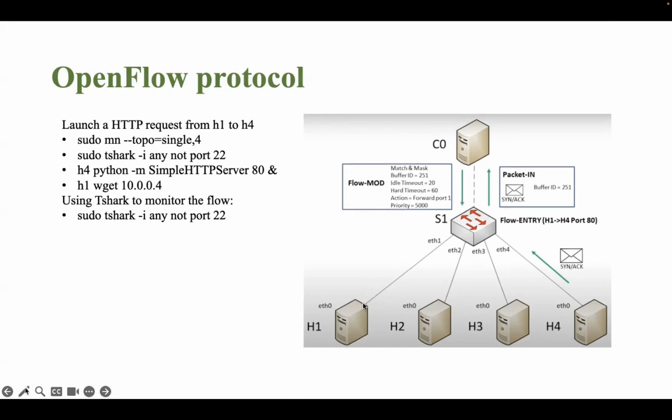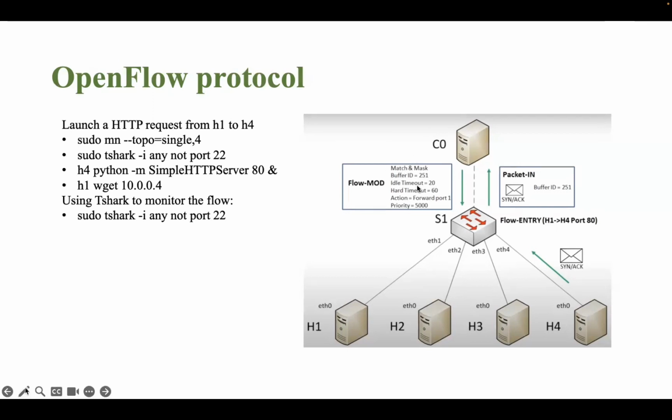And also the controller may send a flow modification message, which is similar to before, containing the first parameter, match and mask, which contains the source and destination MAC and IP address. If you match this address, then you can use that flow entry. And here the buffer ID equals 251, which means release the SYN ACK message buffered in the switch whose buffer ID equals 251.